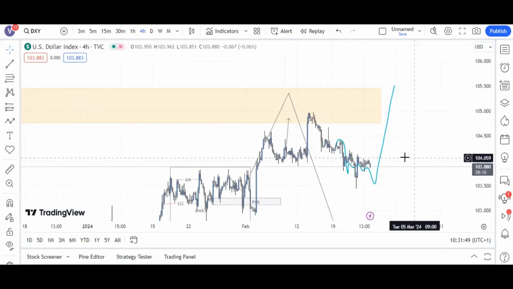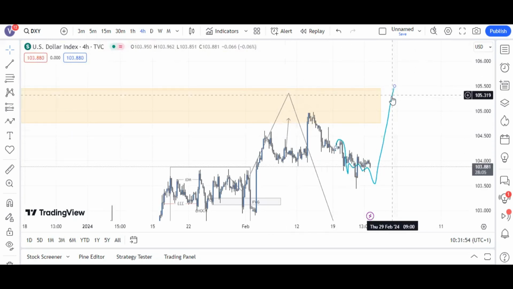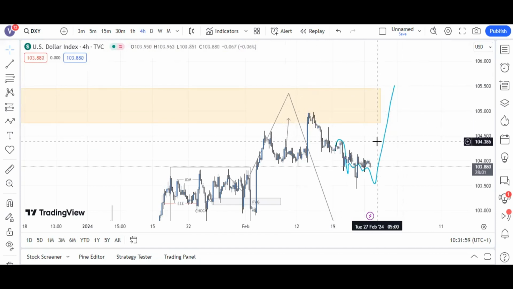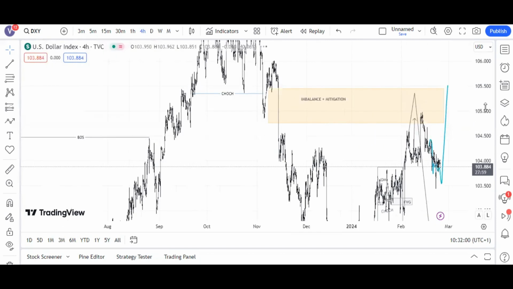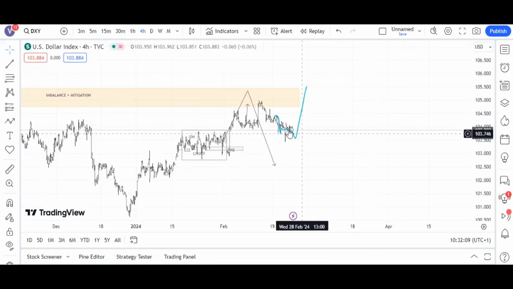So now for me, there's no point in seeing price shooting to this region again since it has already done this. And mind you, this dollar index, like I said, is the inverse. Remember, we were bullish long term on these guys, so automatically we are bearish on the dollar.